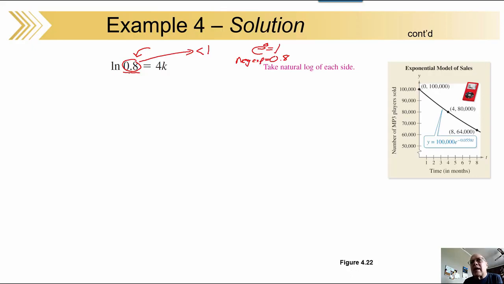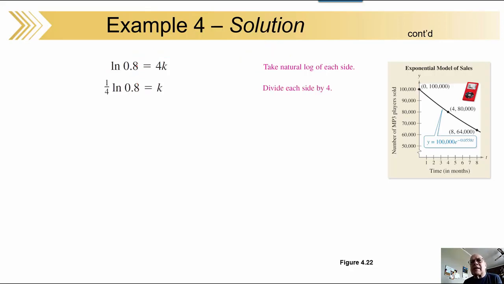So throw it into your calculator for a second. Hit pause, put that in your calculator. See, this is a negative one because logarithms are exponents. This is the exponent that e needs to give you 0.8. Moving along.